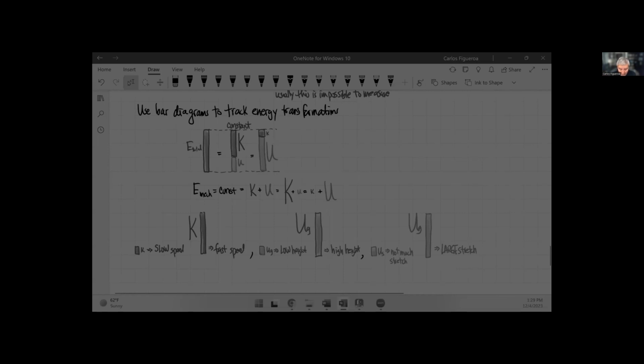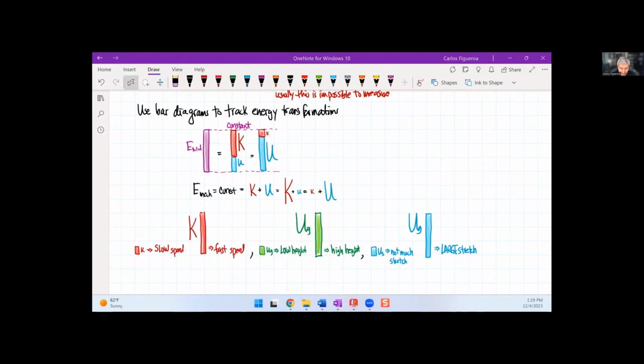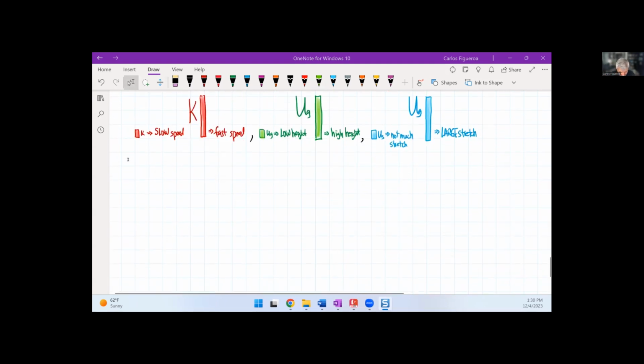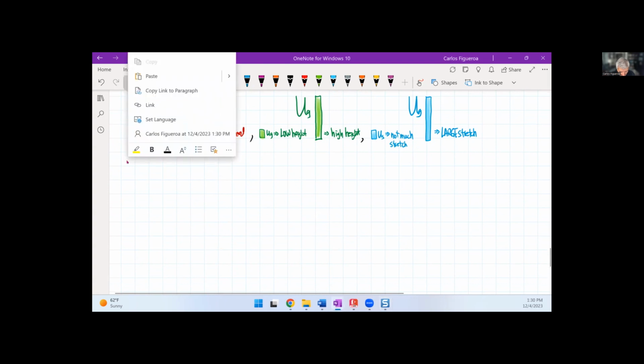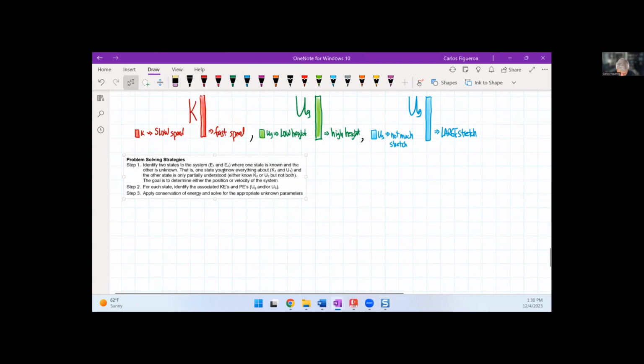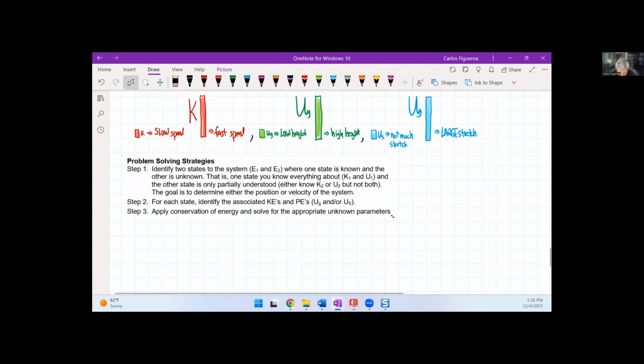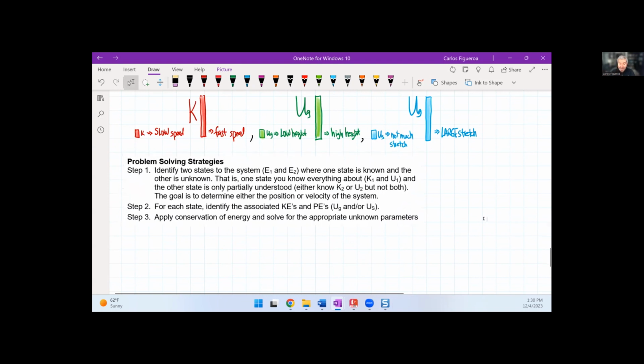So now exactly what we want to do is get some practice on some examples. So let's look at this. What I have here is some problem-solving strategies.